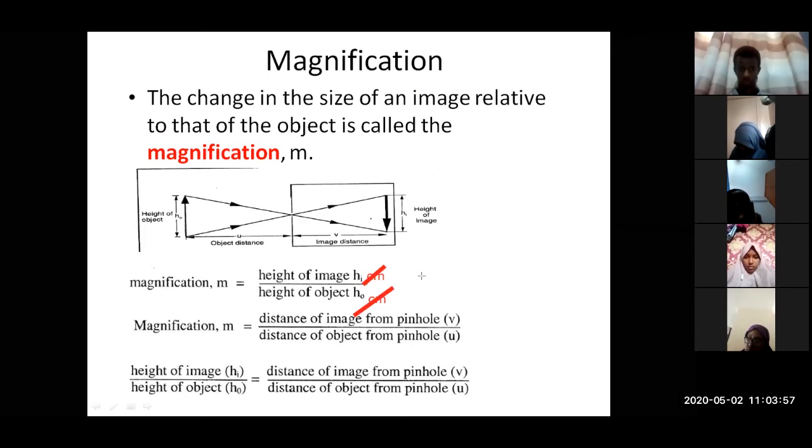So magnification has no units. So M has no units. That's what I want you to remember. Magnification has no units because it is a ratio.